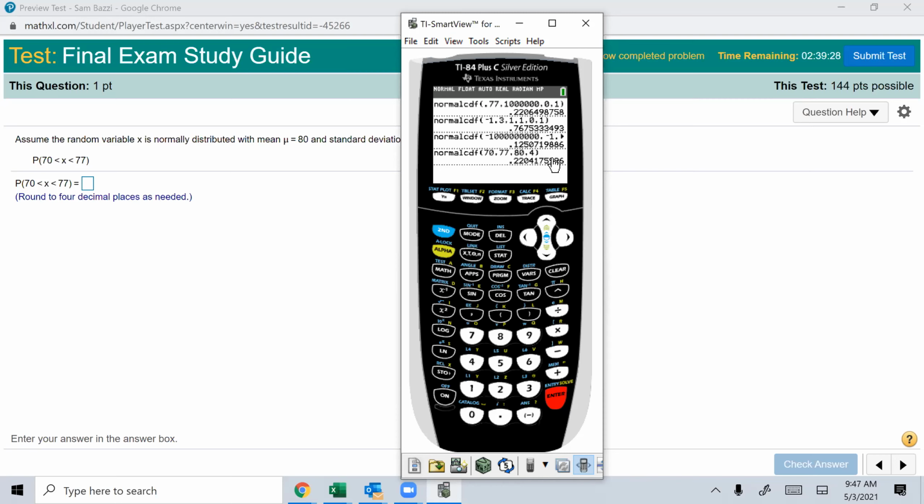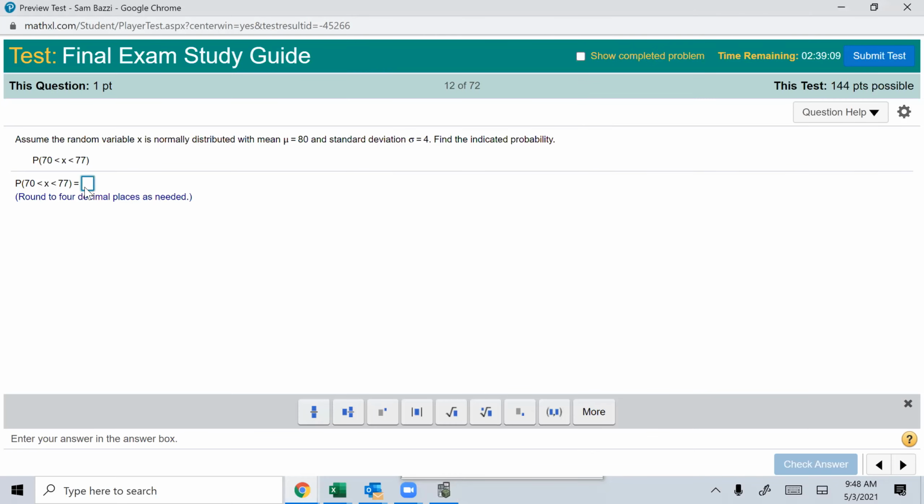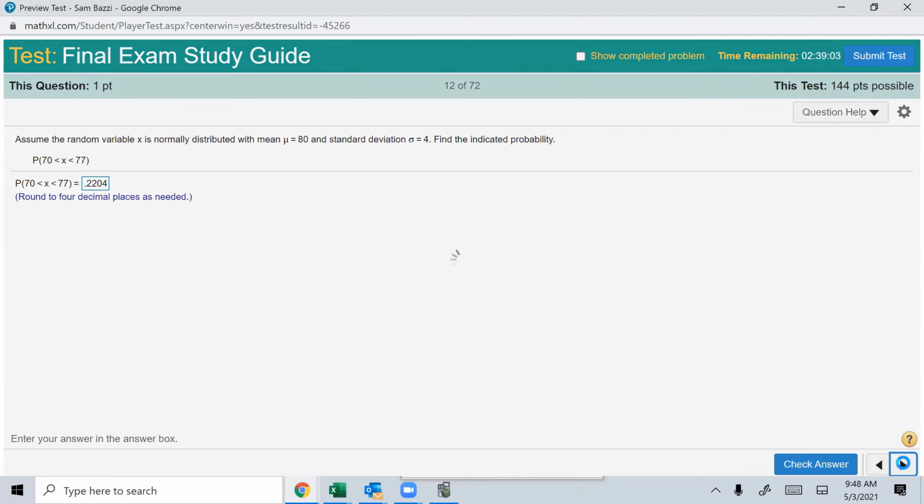I'll show you later on a static range. When you use a static range, guys, make sure to change the mean from 0, 1 to 80 and 4, and then enter in between 70 and 77. You will get the same answer. So that's 0.2204. And let's proceed to the next question.